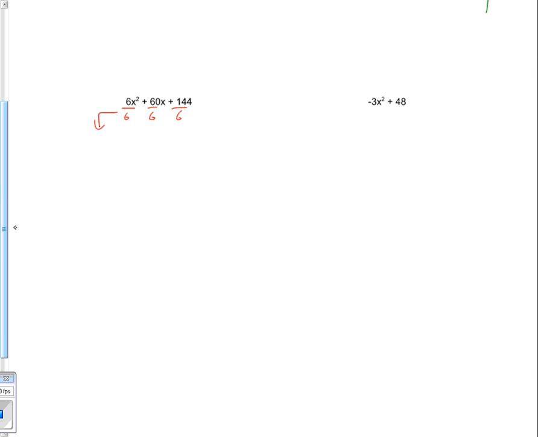So when we do this piece, we got to put that 6 out front. You end up with 6 times x squared plus 10x plus 144 divided by 6, which is 24. So now we got a trinomial here in brackets, and we can solve for that.